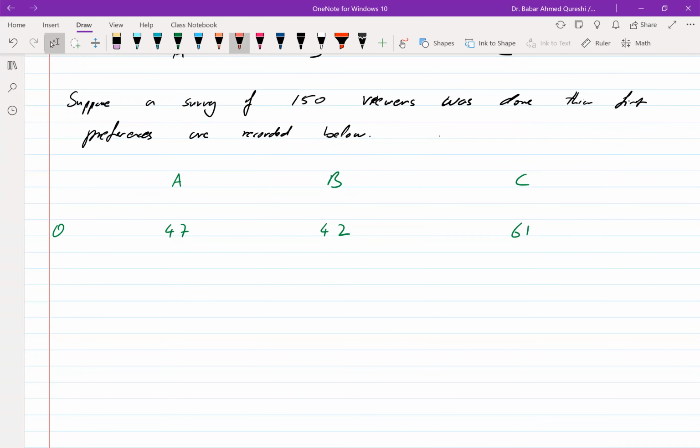And this is your null hypothesis, that the probabilities were 0.33 or 1/3, 1/3, 1/3. They were equally probable. And based on these probabilities, your expectation was that if you do a survey on 150, A should be around 50, B around 50, C around 50.